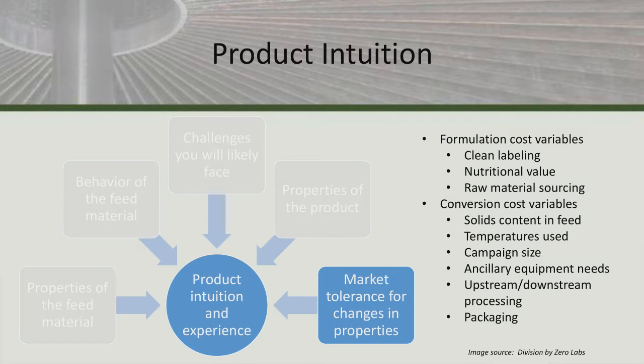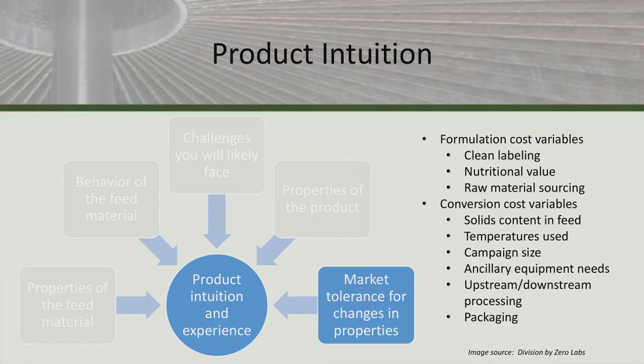The second most important variable is the temperatures used. The larger your delta T between the inlet and the outlet temperature on the spray dryer, the higher your evaporation rate, and therefore the cheaper the process will be. The third one is the campaign size. So if you show up to a toll manufacturer with 2 50-gallon drums to spray dry, it's going to be a lot more expensive than if you're showing up with 2 tanker trucks every day for 20 days in a row.